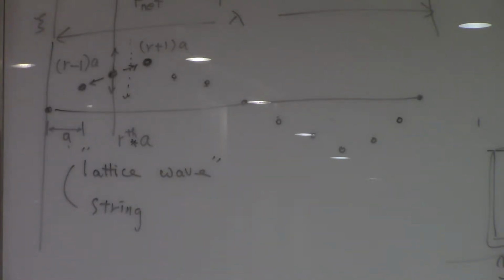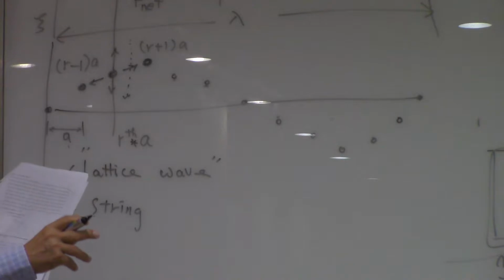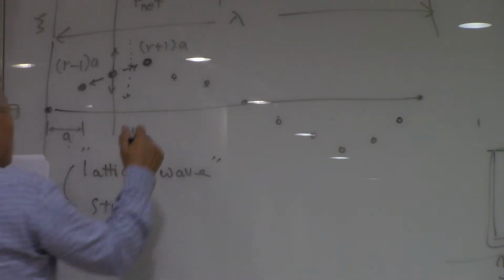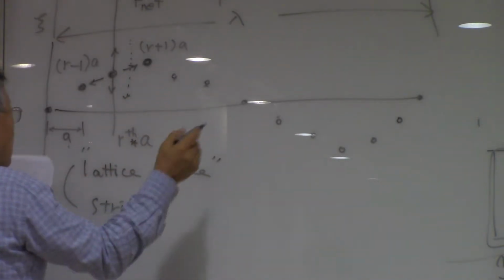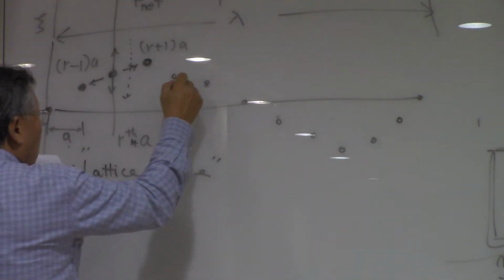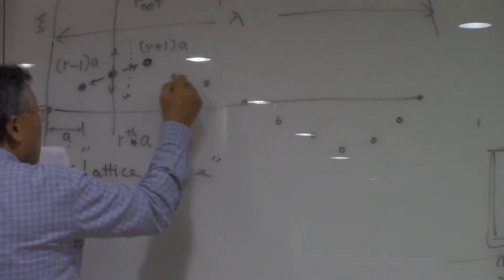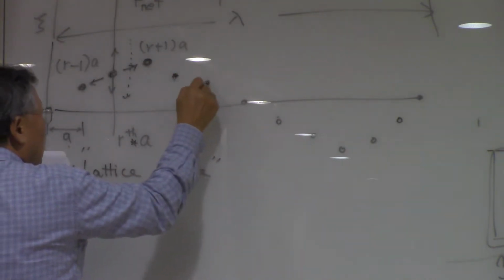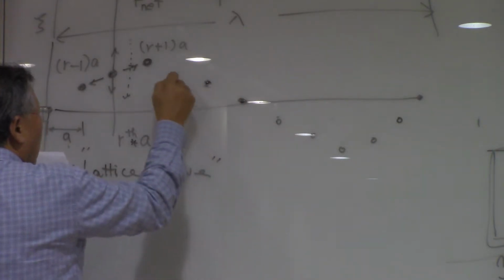And following the notation given in the textbook, we have two angles corresponding to, in the textbook, this atom and this atom and this atom, something like that.